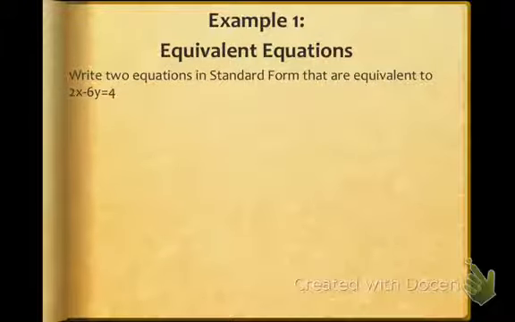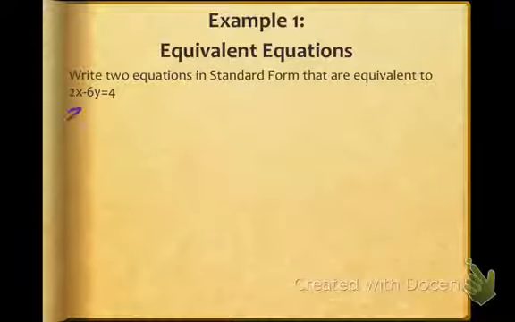Okay, so given an equation in standard form, we can write equivalent equations. So looking at this one, 2x minus 6y equals 4. One thing we could do to write an equivalent equation is multiply by 2 on both sides. So remember, an equation stays the same as long as whatever you do to one side, you do to the other.